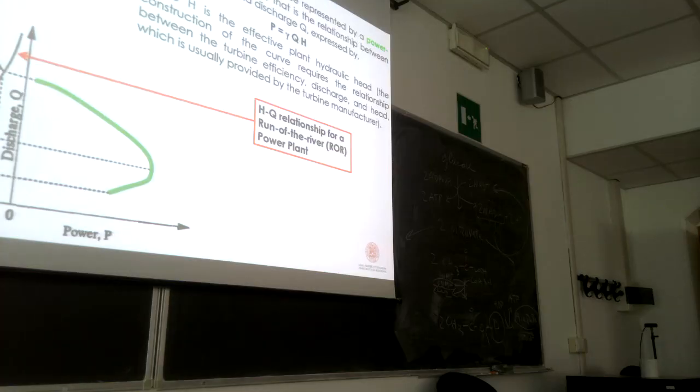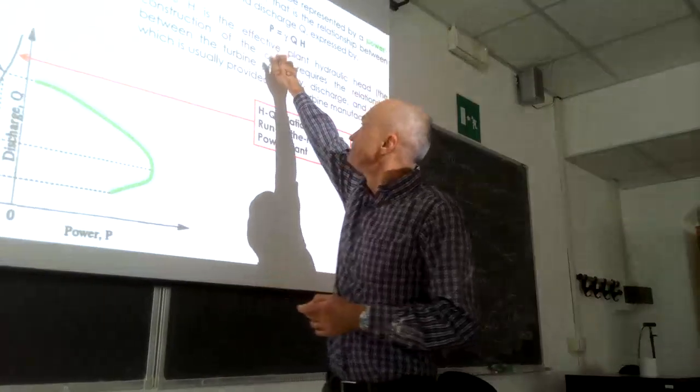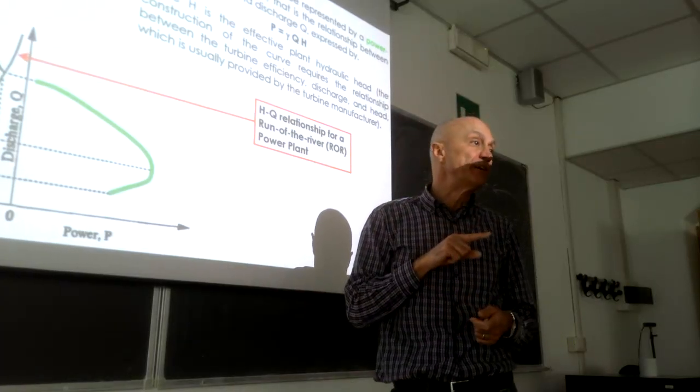Okay. So this is the power. And normally, for a run-of-the-river power plant, and we will see why, the power-discharge relationship is not monotonically increasing or monotonically decreasing, but it's very often a bell shape, okay?